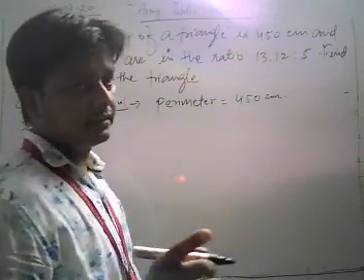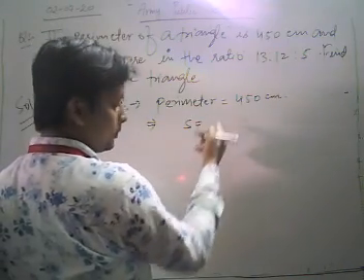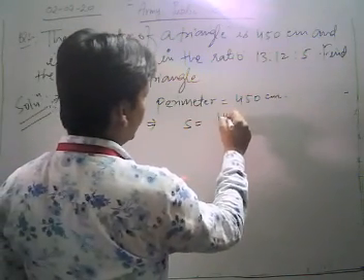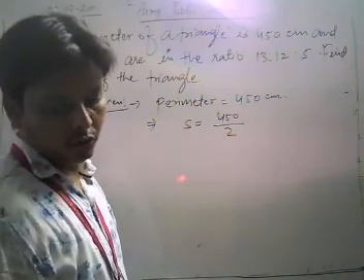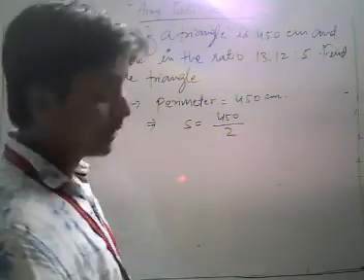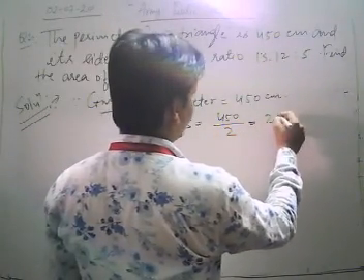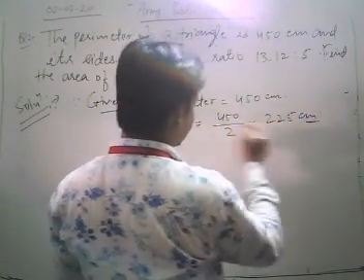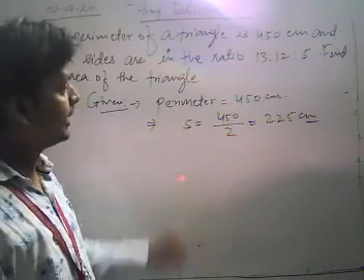And we know that the semi-perimeter is the perimeter by 2, the value of S. So the value of S is 450 by 2, that is 225 centimeters. This is the value of the semi-perimeter.